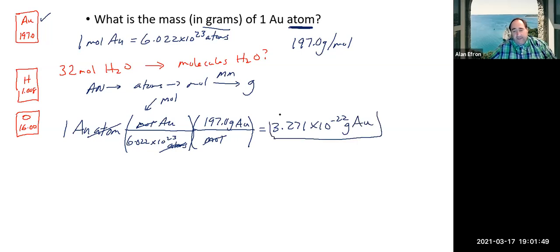And that is a super small number, which does make sense since we're talking about one individual gold atom. It would be a super, super small mass. I went to 4 significant figures because this is kind of like an exact number, so you could go to as many numbers as you want. So I took it to 4 because the molar mass was in 4. Question on that calculation there.